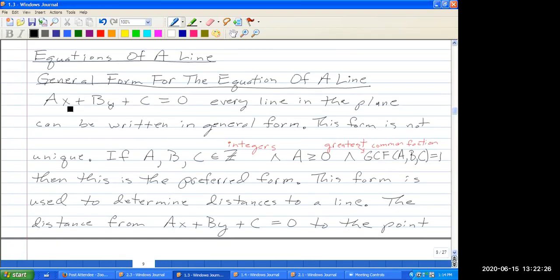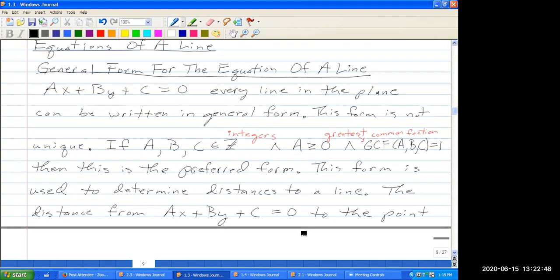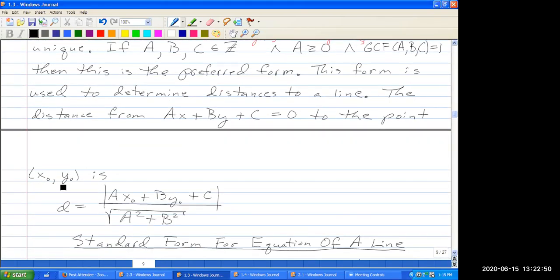So when would you use the general form for the equation of a line? Well, you would use it when you determine distances to a line. So let's just recall the formula for the distance from a point to a line. The distance from the line ax plus by plus c equaling 0 to the point (x0, y0) is given by the following formula. The distance is equal to, well, just replace x and y by x0 and y0.